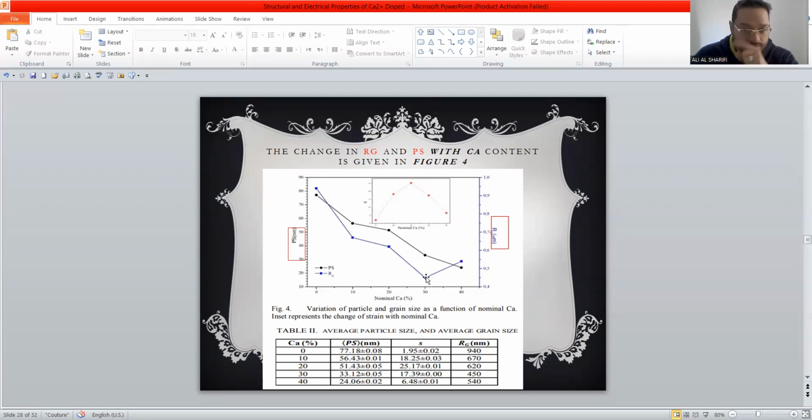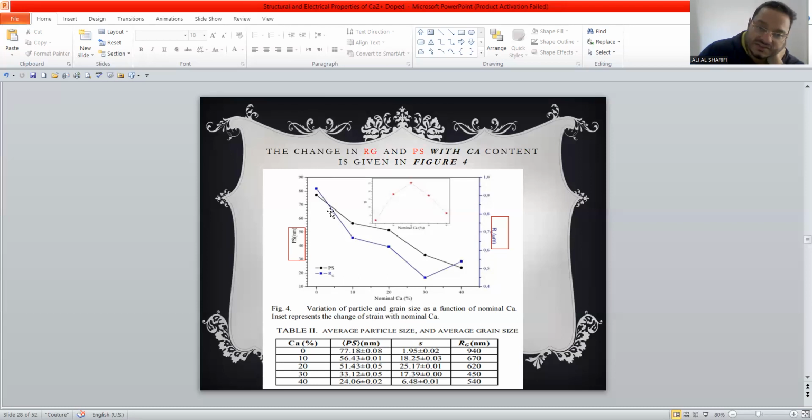The blue one is the grain size, the black one is the particle size. Here all of these results show the particle size will decrease totally from less than 80 until approximately less than 30.